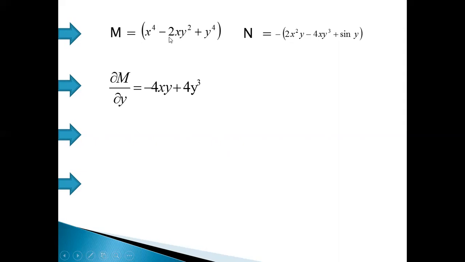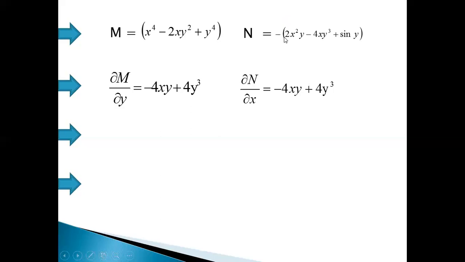Here minus 2x is constant and the derivative of y square is 2y; 2 into 2 is 4. Now in the last term, the derivative of y raised to 4 is 4y cube. Now next we have to find the derivative of N with respect to x. So see here the minus sign.